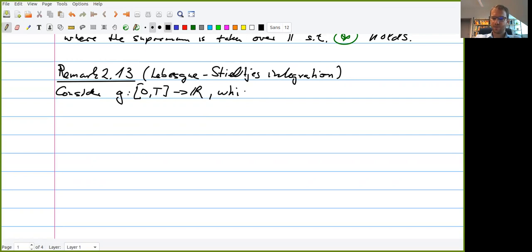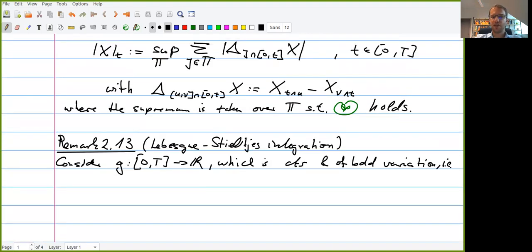Which is first continuous, which makes our life easier, and of bounded variation. What does it mean? Well, this means that the variation process we just defined here is finite.